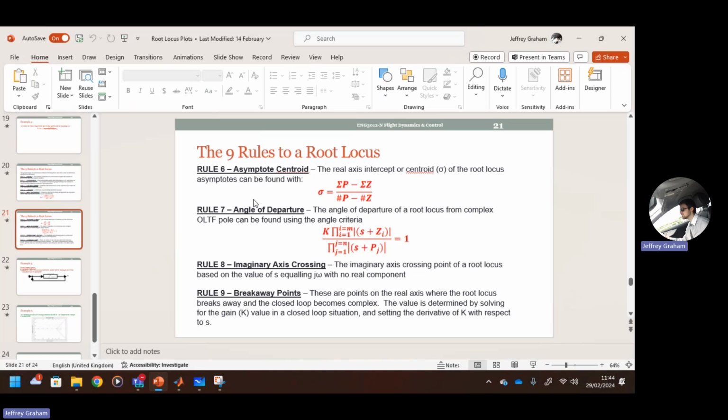Those asymptotes will all meet at a common point, and that common point is the centroid.